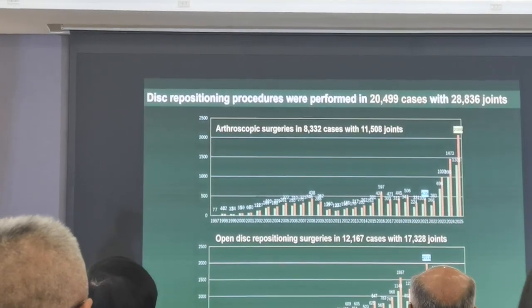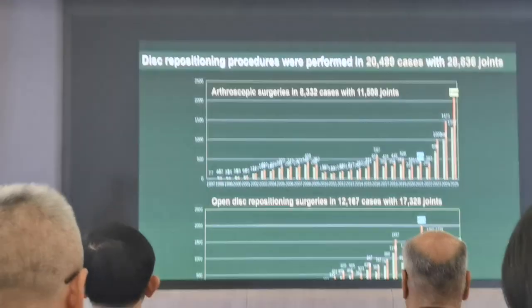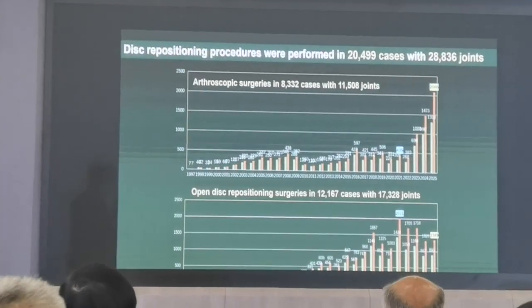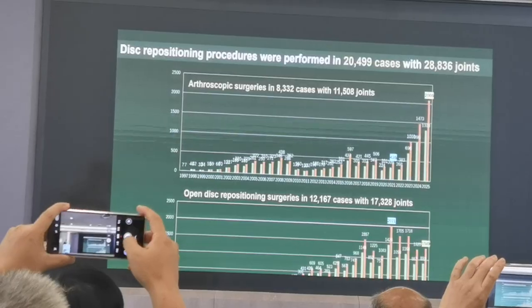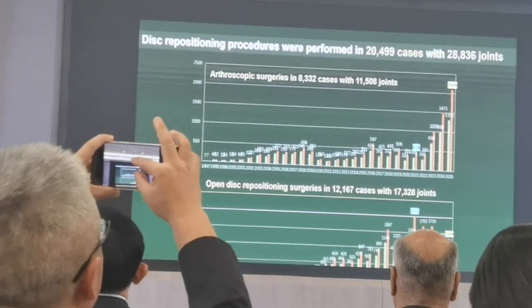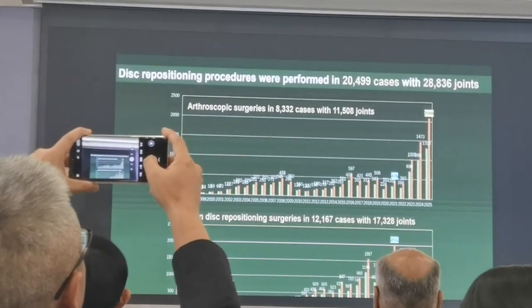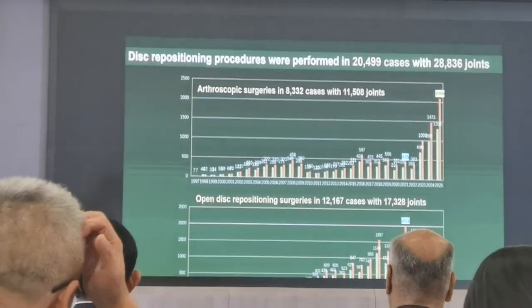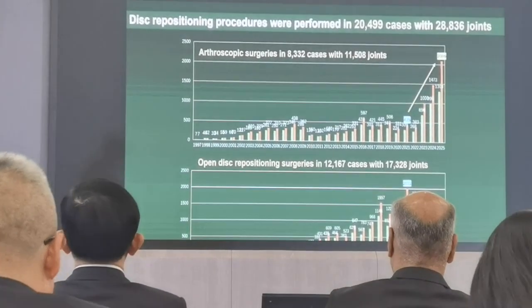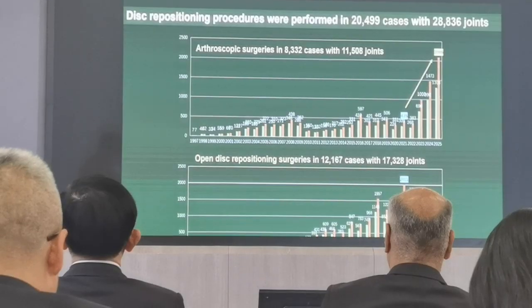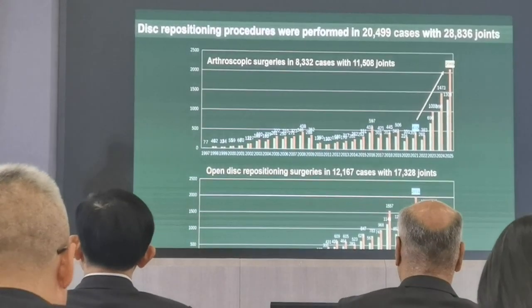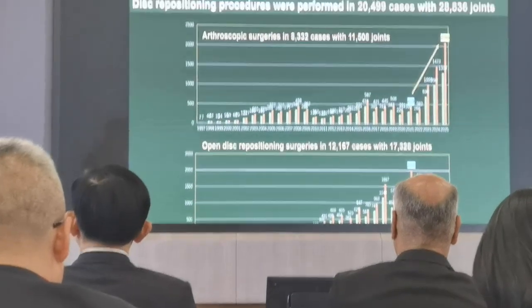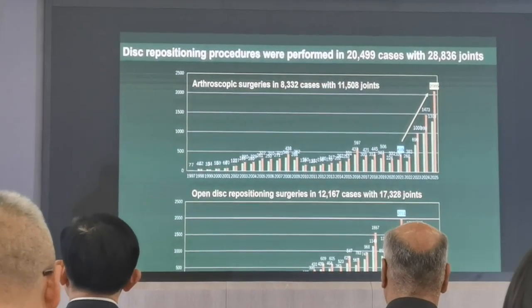And we do some discussion of arthroscopic surgery and open surgery procedures. You should pay attention to the thing is, you see, arthroscopic surgery goes very fast, from 400 to 500 a year to more than 2,000 a year.